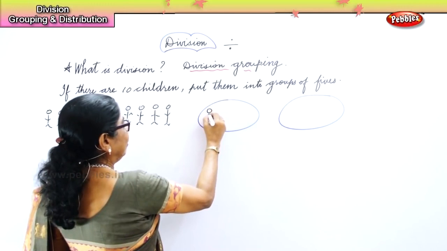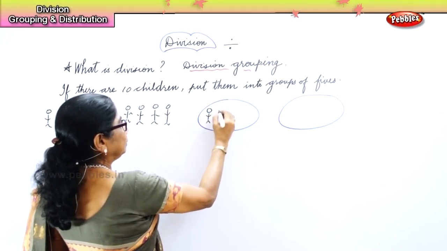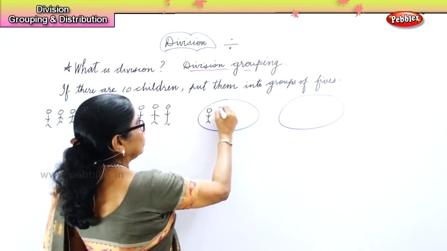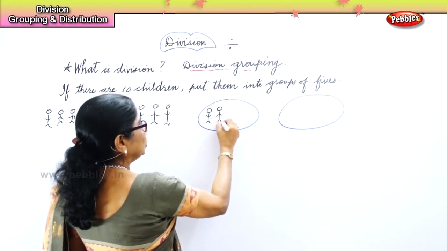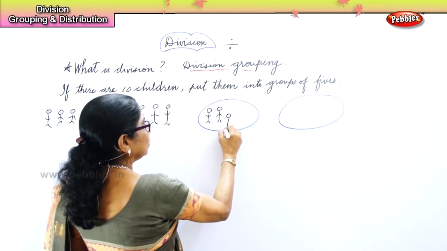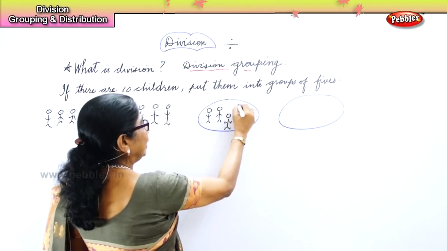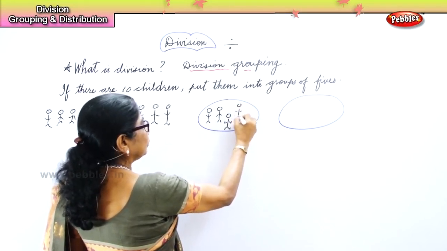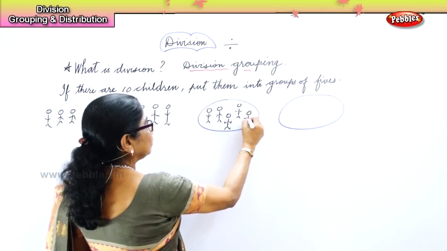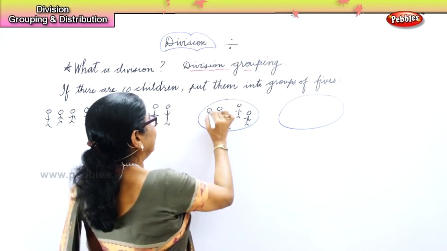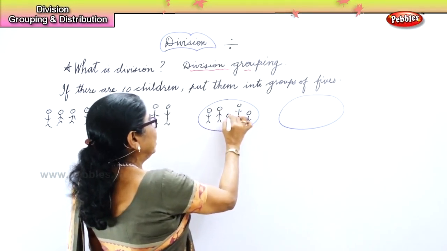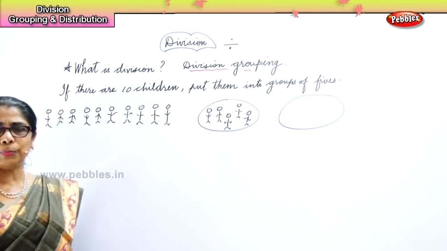So you have 1, 2, 3, 4. So one group is ready. 1, 2, 3, 4, 5. There are 10 children, and there is a group of 5.